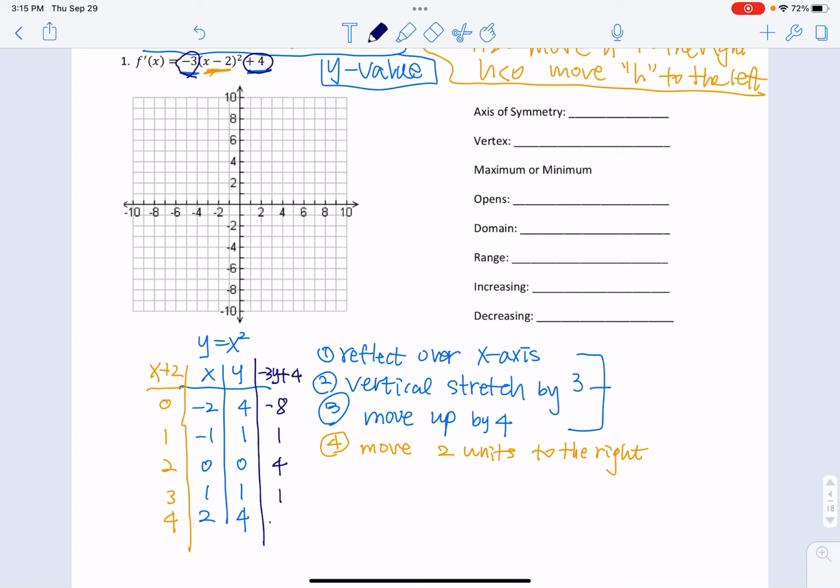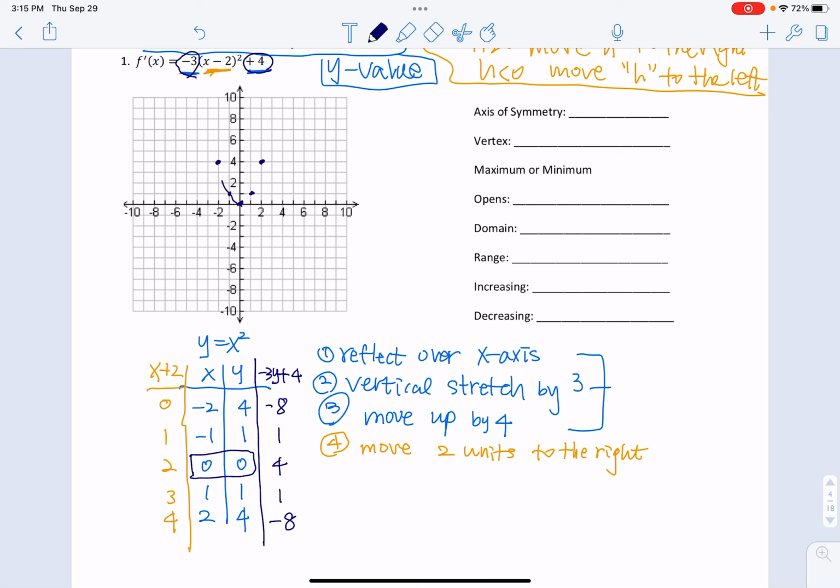So originally the parent function of the quadratic has its vertex at 0, 0. If I graph it here as the parent function first, 0, 0, and 1, 1, 2, 4, then negative 1, 1, negative 2, 4.